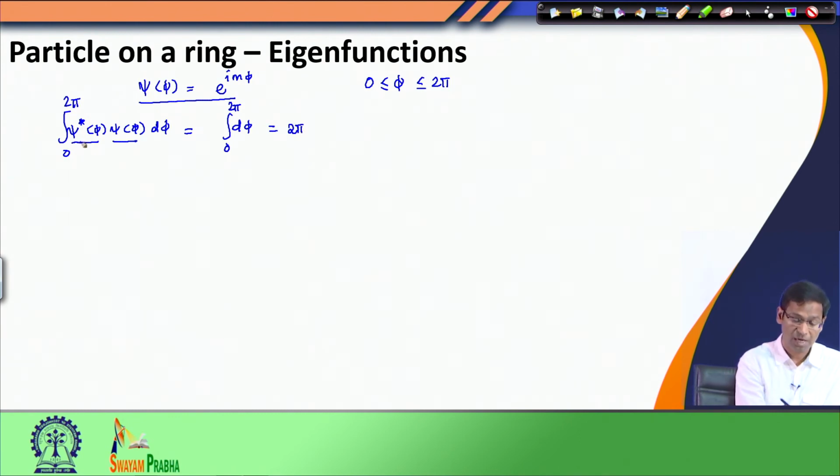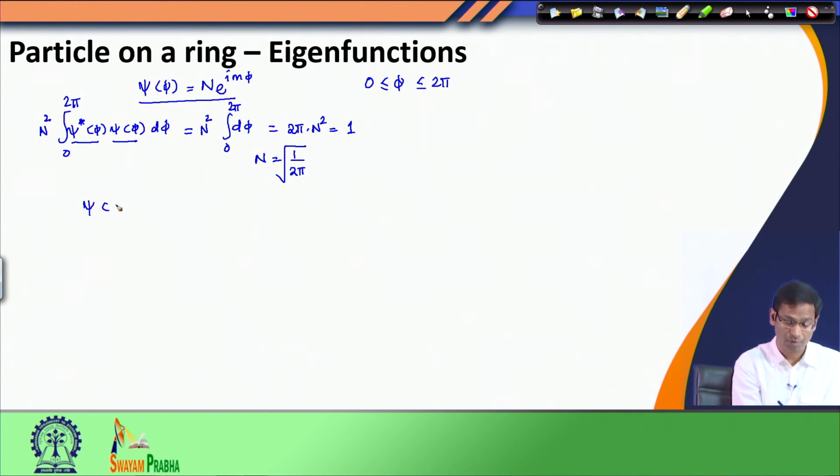If I had multiplied this with a normalization constant N, I would have got N square times 2 pi, which should be 1, and in that case N would be simply 1 over 2 pi under square root. So, the normalized form of the wave function is given by this.